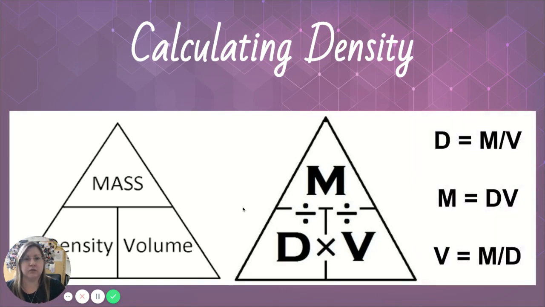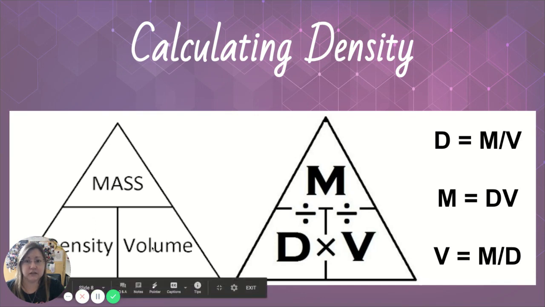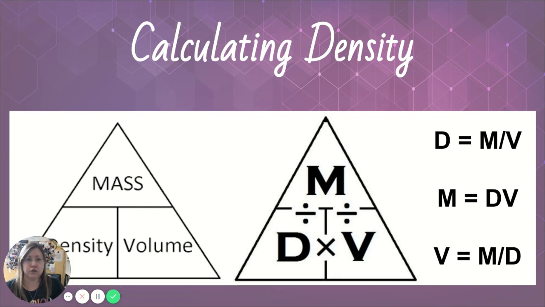For example, we know density equals mass over volume. We also know that mass, which is the top of our triangle here, equals density times volume. And volume equals mass divided by density. So this triangle helps a lot of people determine what our equations are for solving for mass and volume.